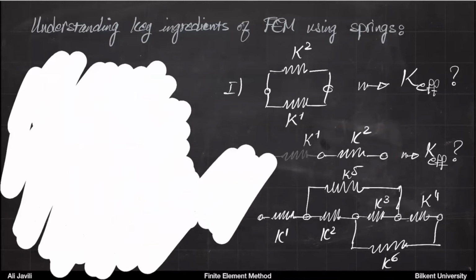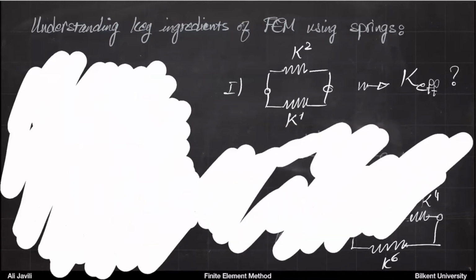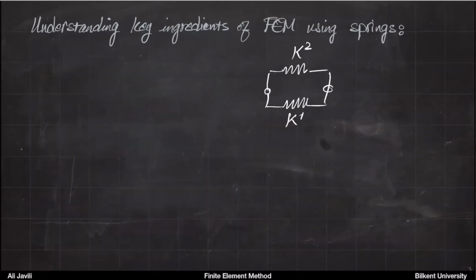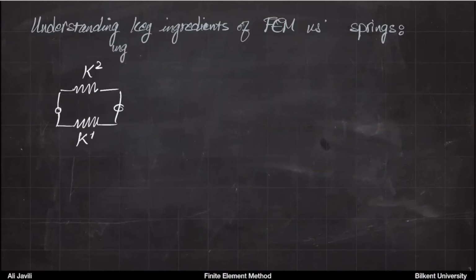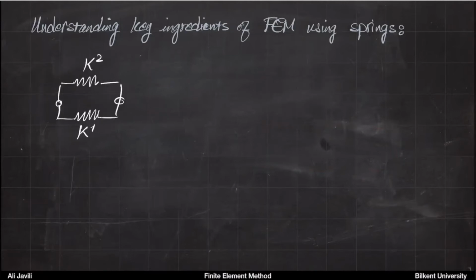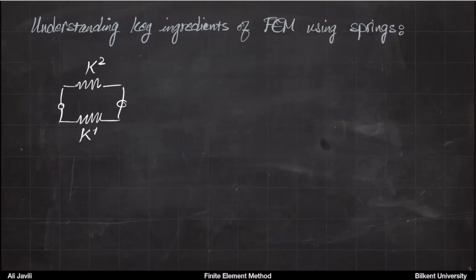All right, so I'm going to start from the first system that we drew together. Okay, remember the first thing we did before and we mentioned as ingredients of the finite element method is not only to discretize the system into elements, it's also to discretize the system into nodes.